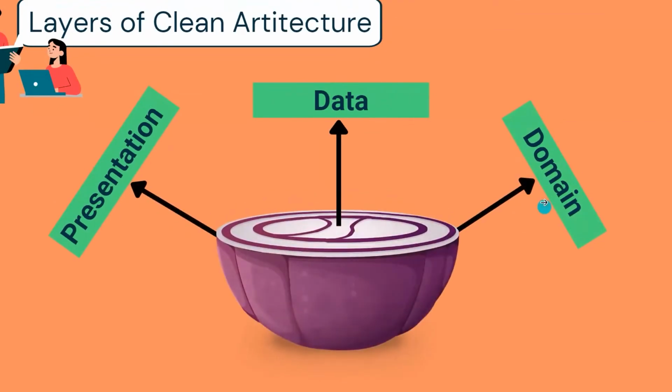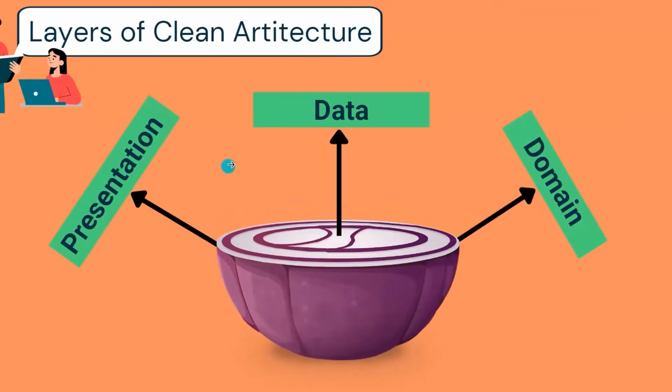Okay, so as you have already learned, this clean architecture divides the whole application into different layers. As you can see, there are three layers, namely presentation, data, and domain. Can you guys see? All the layers have different things included in them.